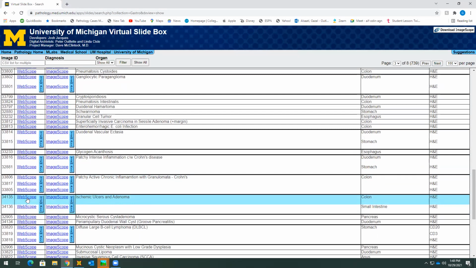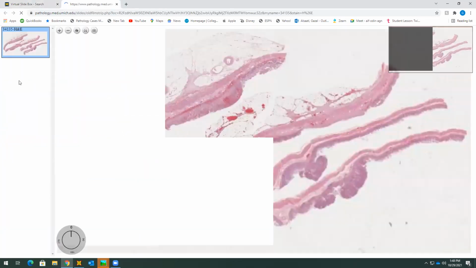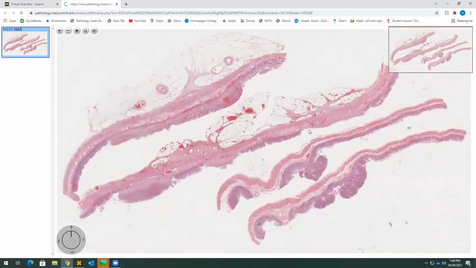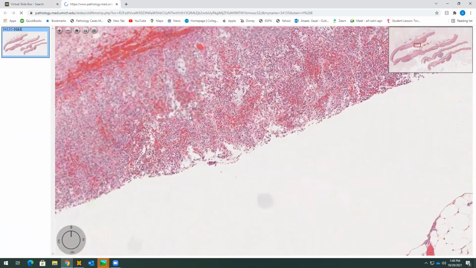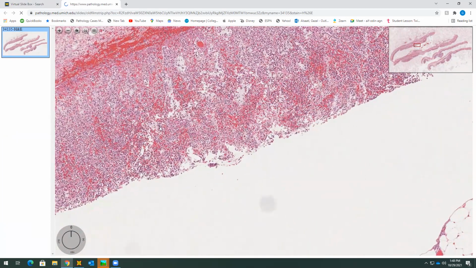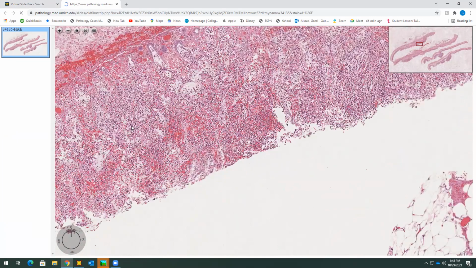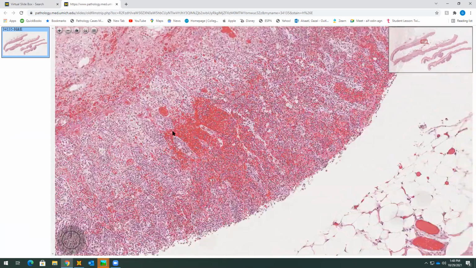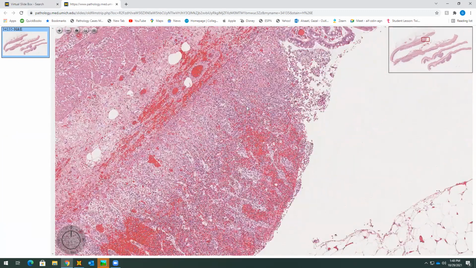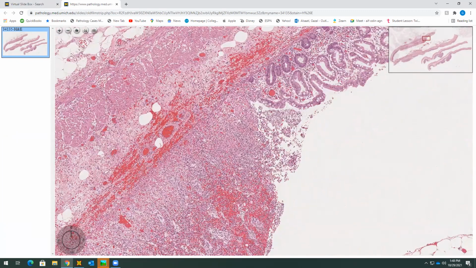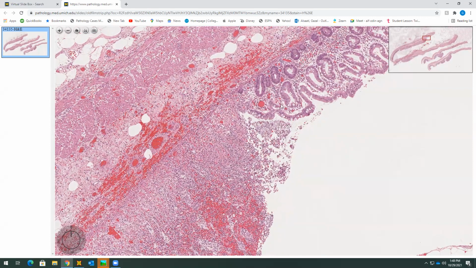Ischemic ulcer and adenoma. Okay, let's see what we have here. Ischemic ulcer, almost like autolysis, right? When we look at cases with autopsy, I mean, this definitely is bringing back lots of autopsy memories, but look how there's a nice demarcation over here from the vessel that died and the vessel that's still viable.